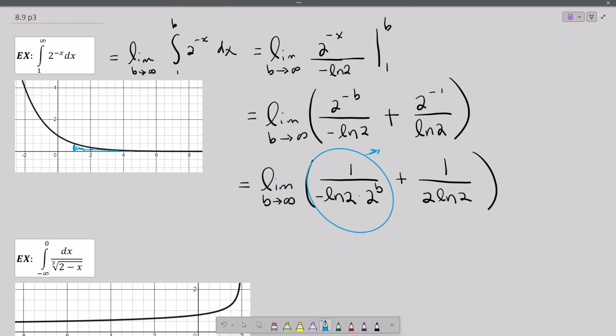What is the blue going to go to? Right, the denominator is going to infinity, so the fraction is going to 0. Yes, going to 0. And so then our overall limit is this, and that tells us that the area is in fact finite, and that is the area of that tail.